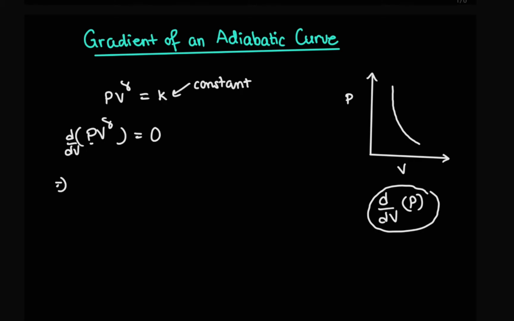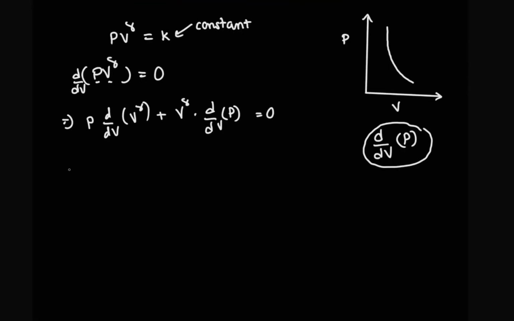Then again, we pull this P out over here, and then we pull this V to the gamma out over here, and we have 0. All right, moving on, we have P times V to the gamma minus 1 times gamma over here plus V to the gamma dP/dV is equal to 0.